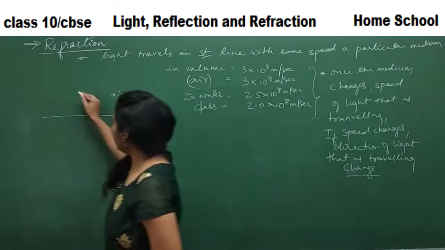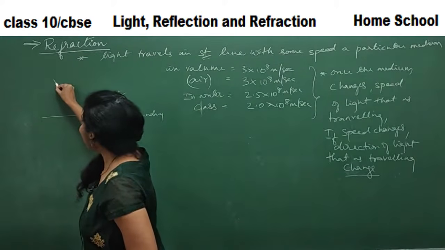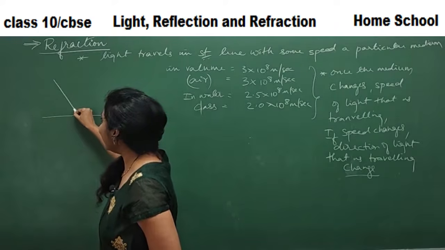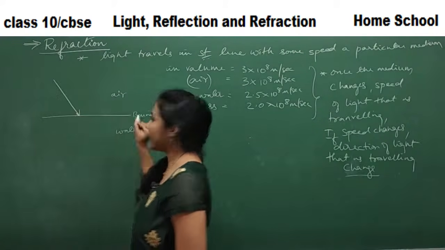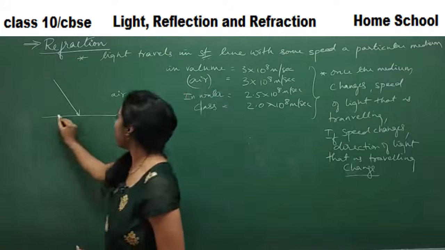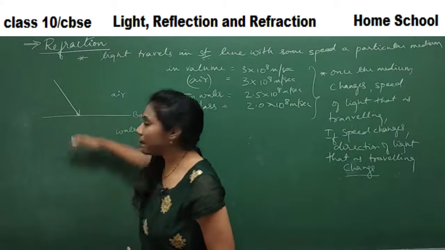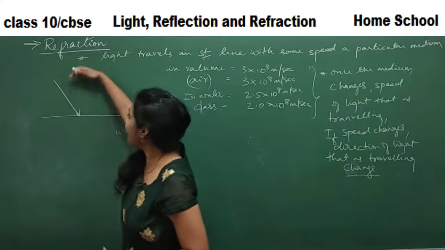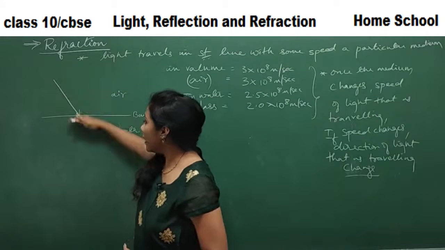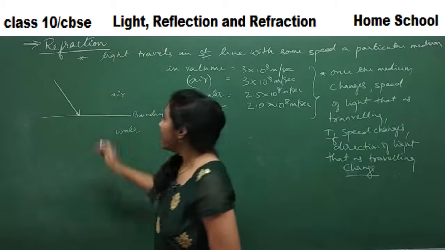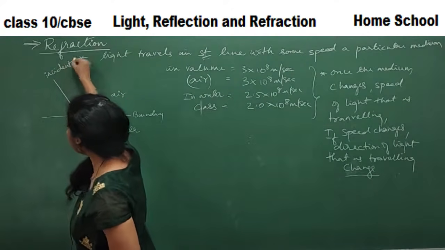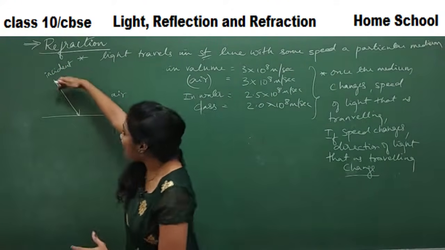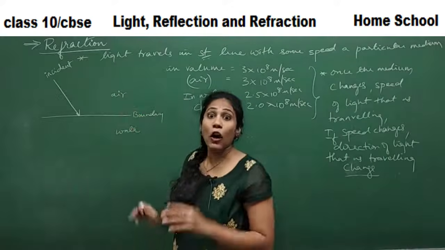Fine. And some light ray is traveling in air and it is coming and hitting the water boundary. From here, the water medium is there. Only till here, the air is there. From here, you have water. So this is my incident ray, some light ray, right? That is coming obliquely.